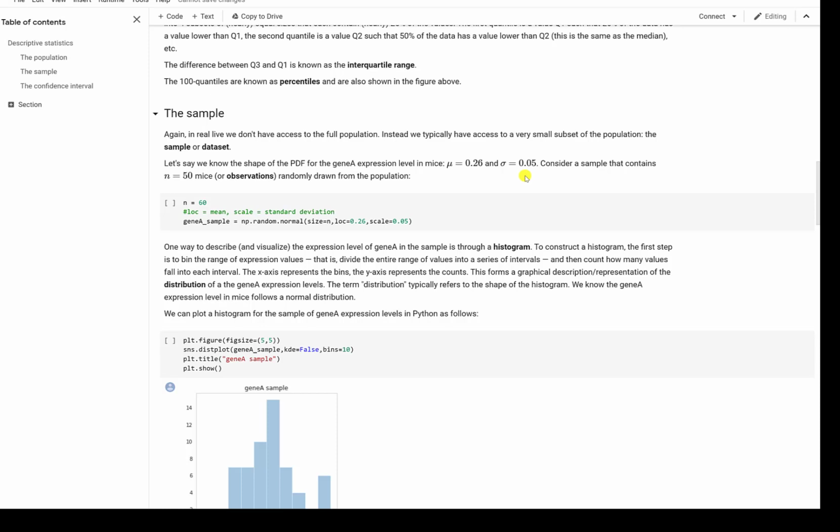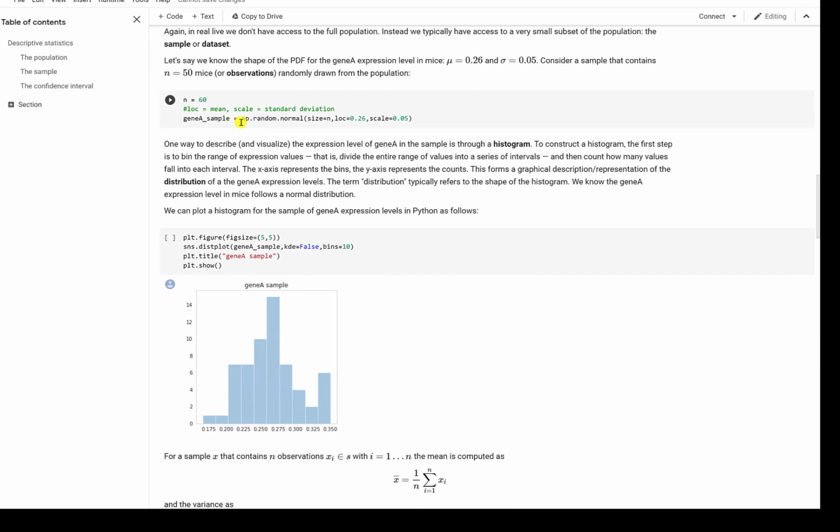Okay. So now let's use code and make such a sample. We're going to use a Python library, NumPy. In NumPy you have some functions that actually mimic a probability density function. In the package random we have this function normal, which allows us to determine a certain probability density function.